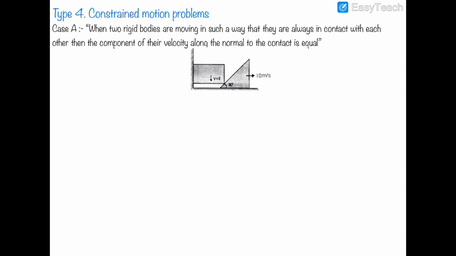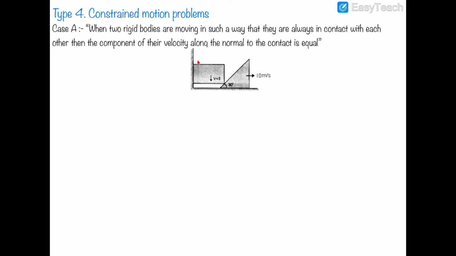We can see that this block will always be in contact with the wall, and also always in contact with the wedge. If this rectangular block moves along the x-axis, it will lose contact with the wall if it goes in the right direction, and it cannot go in the left direction, as the wall will restrict it from going leftwards.